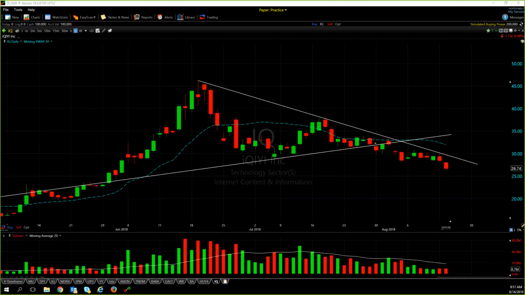But you also notice, if you draw the line from the high to the high of the cup, that makes the downtrend line. In that, the stock itself consolidates directly in between the downtrend line and the long-term trend line, which also happens to be the VWAP.